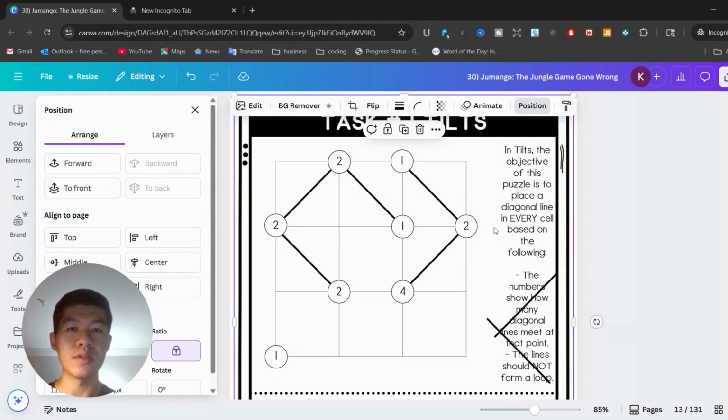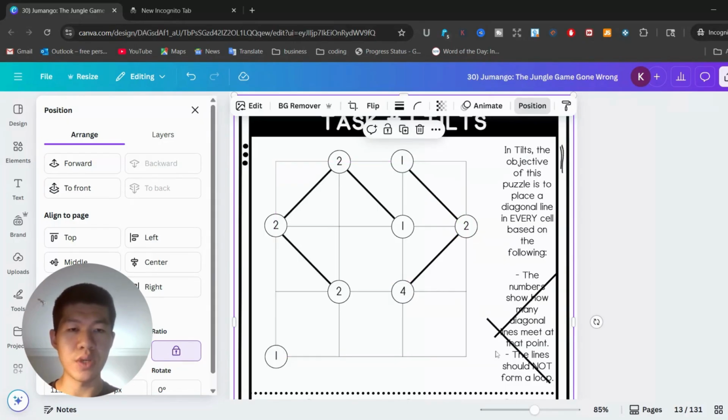Right? So this is the only 2 places where I can put my diagonal lines, and it fits also this 1 right here. So the only 1 diagonal line is connecting to this 1. And so now there's 2 diagonal lines connecting to this 2.